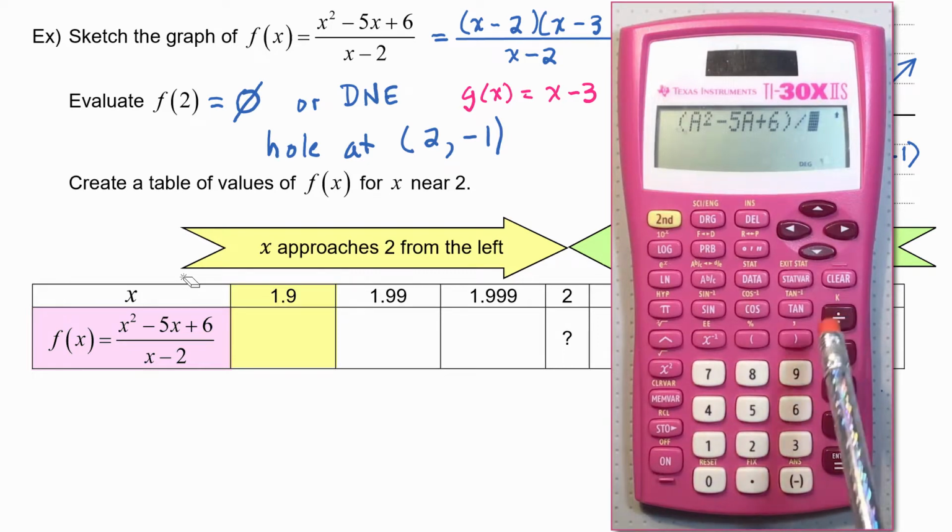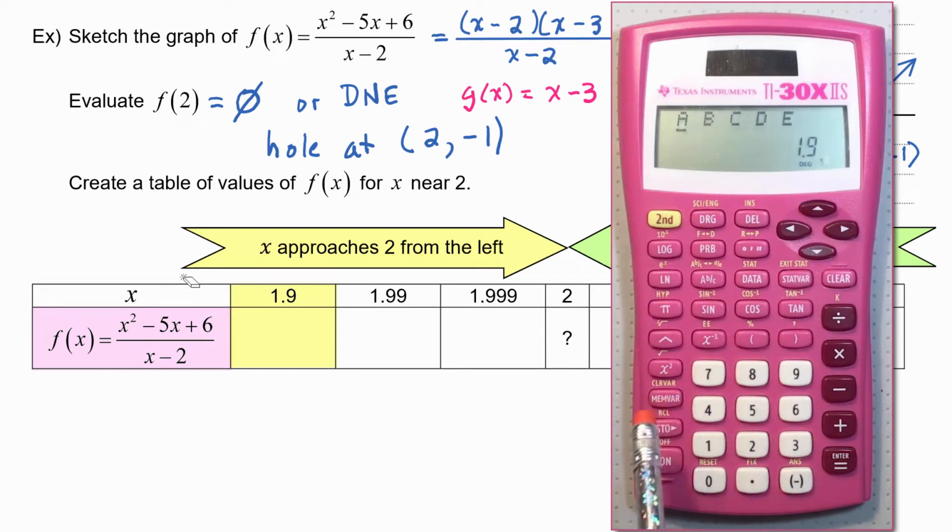Then we will divide by the denominator, which also must be included inside a set of parentheses, and we need x minus 2, so we will put memory variable A minus 2, close your parentheses. Now we hit the enter button, and we see that f of 1.9 is negative 1.1.